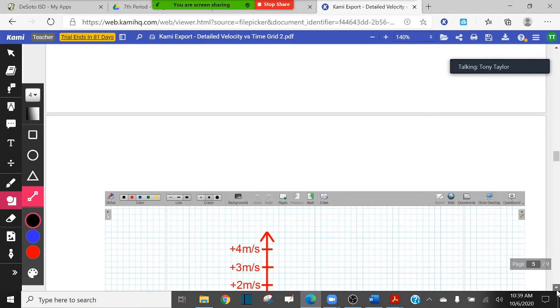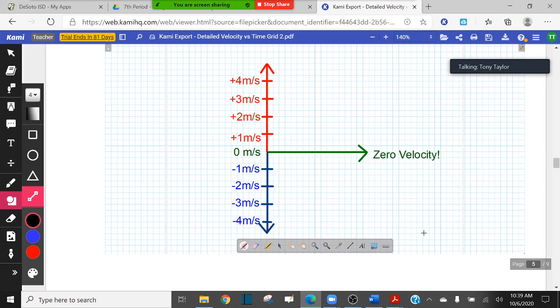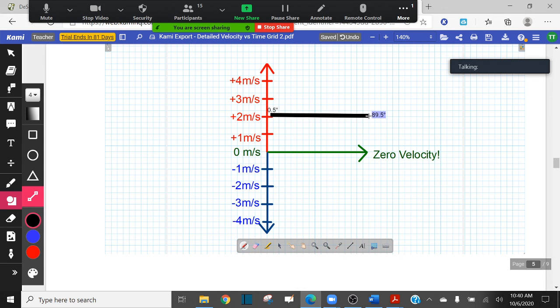By the way, I talked about this last week. Could someone tell me what this means here on a velocity versus time graph? Let me draw that nearly perfectly straight. Okay, someone tell me, what does this mean on a velocity versus time graph?